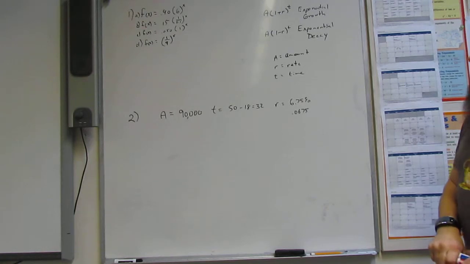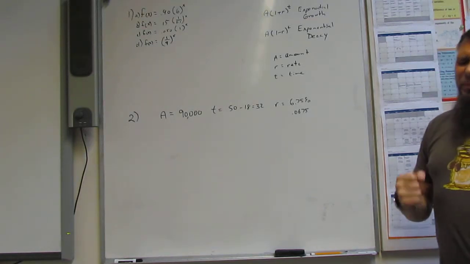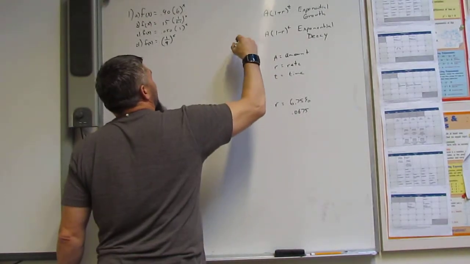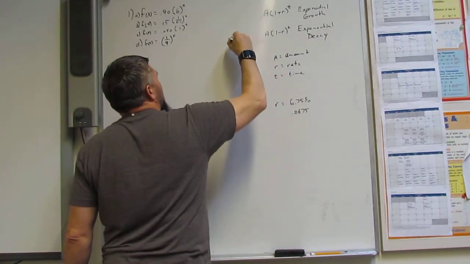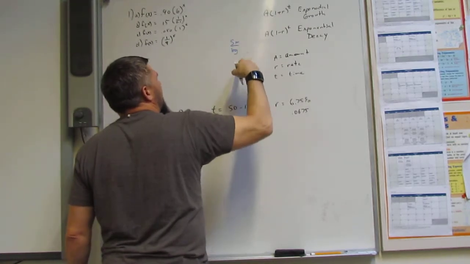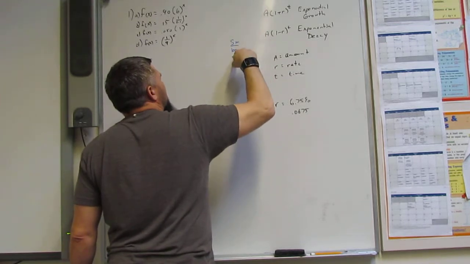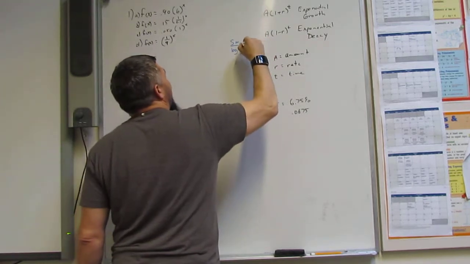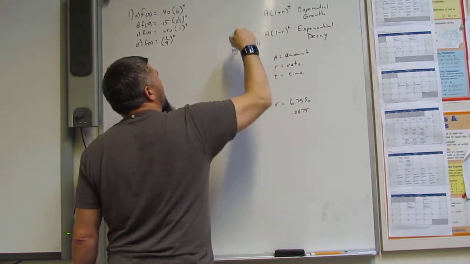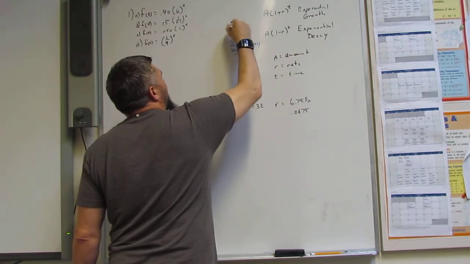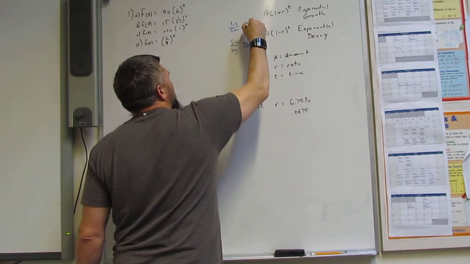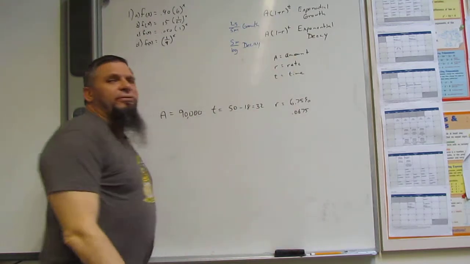And so, the easiest way to tell if something is greater than or less than 1 is if you have a small number on the top and a big number on the bottom. That will be, the big number on bottom will be decay. Okay? A large number on top and a small number on bottom will be growth, if you have a fraction.